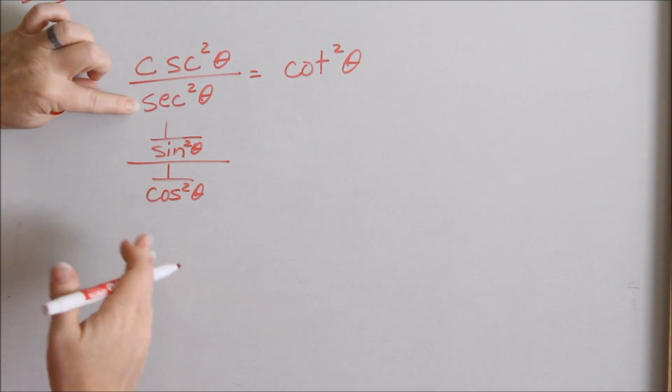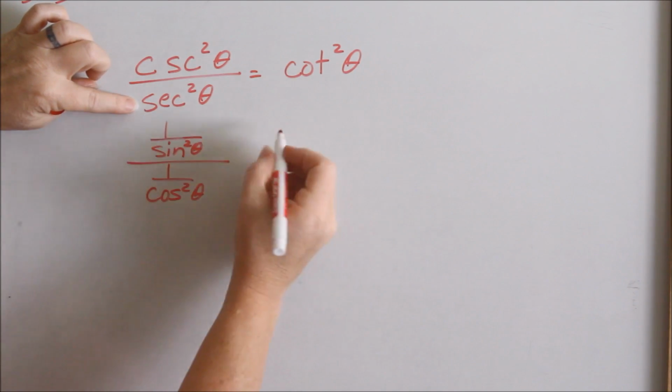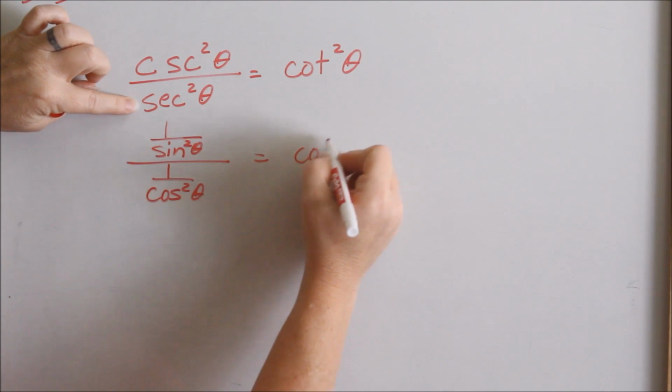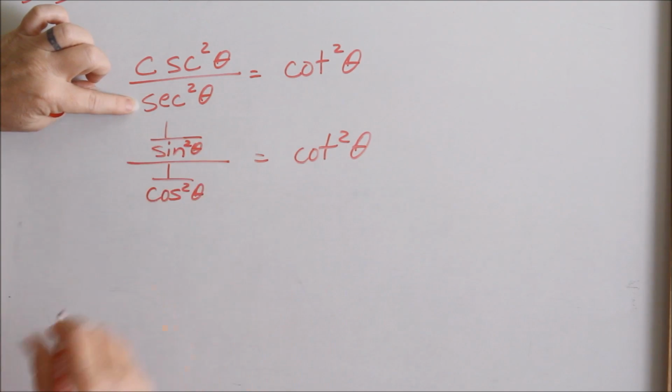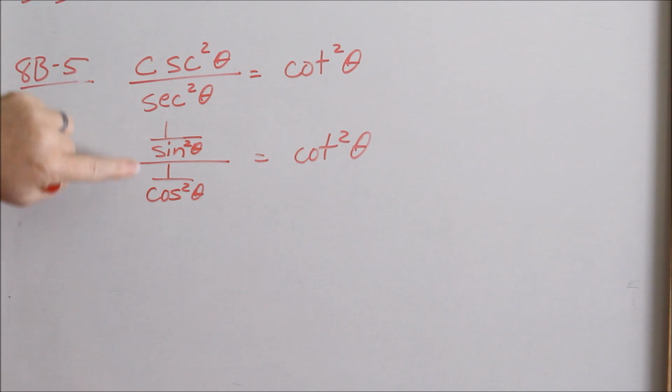First I'm going to work on changing the left-hand side. I'm not going to change the right-hand side yet, but I'll just write the equal sign and rewrite it, because when you're done, you want one side to equal the other side so that you've proved it. Now I have a fraction divided by a fraction. How do you divide fractions? You flip and multiply.